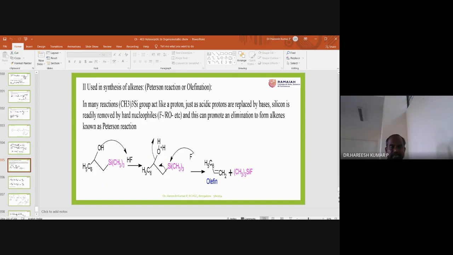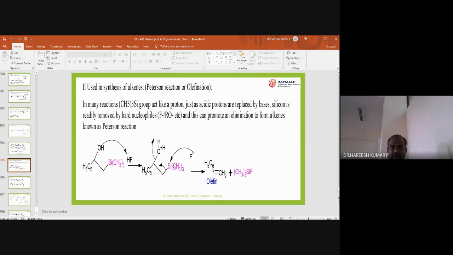So what is exactly happening here? The lone pair present on the oxygen can form a bond with the proton source. Here the proton source is hydrofluoric acid, HF. So there will be a positive charge formation like this. At this time, this F minus is a leaving group, no?